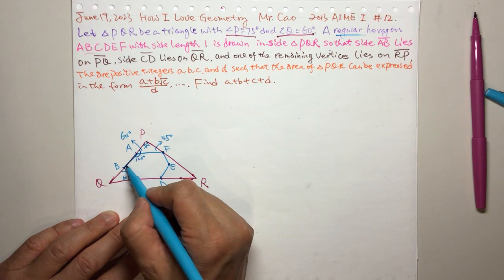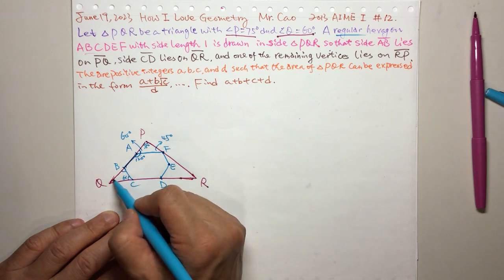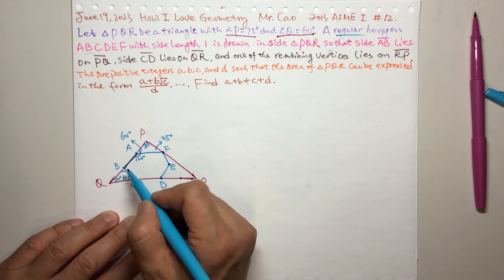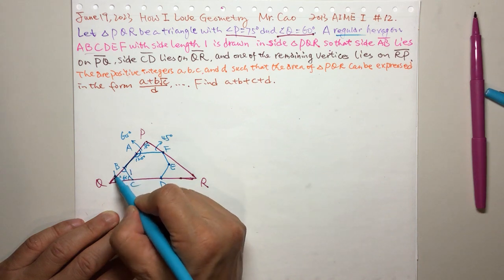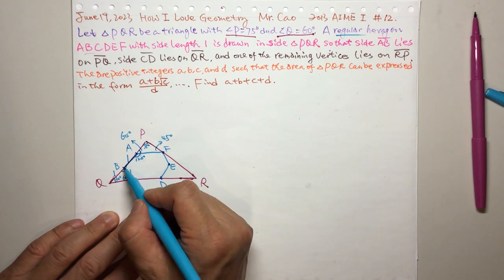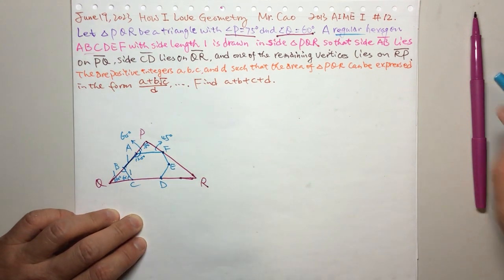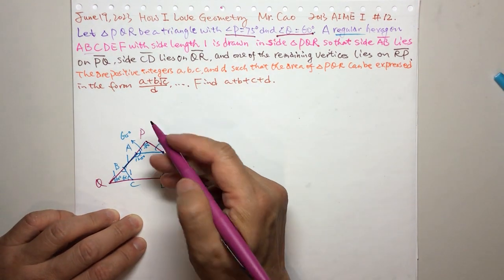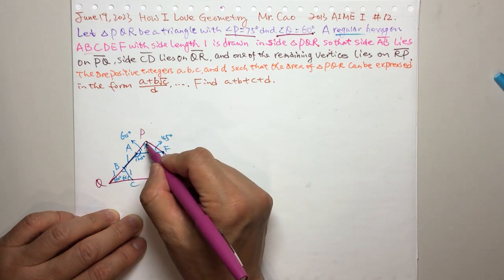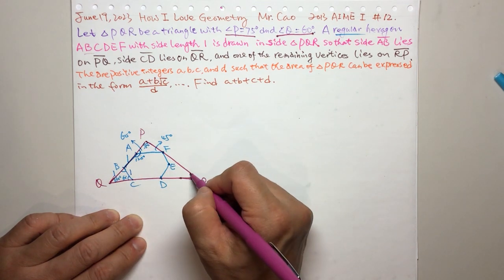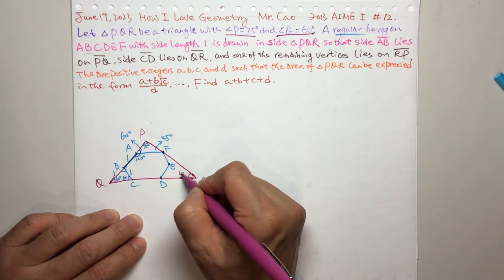Regular hexagon: 120, 60, 60, this also 60. So this side is 1, I mean AB is 1, PQ is 1. This 75 here plus 60, so this one must be 45 degrees.